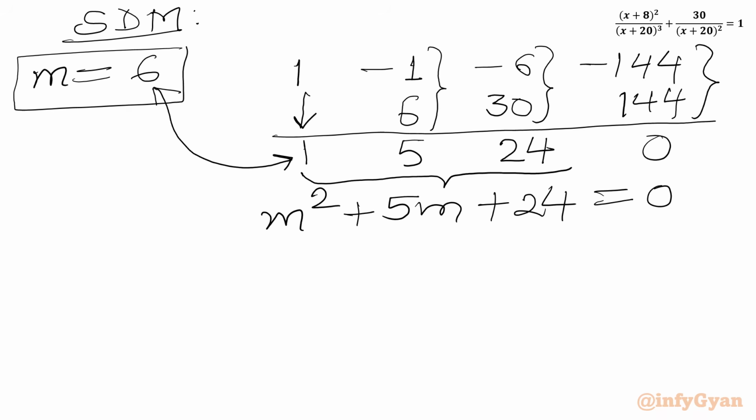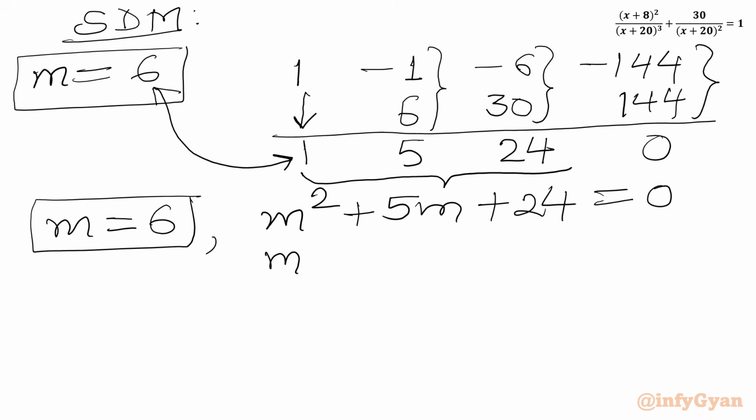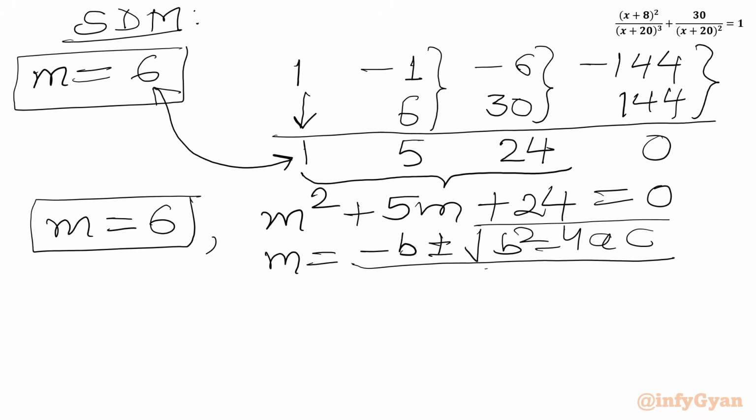So we have one real solution, which is our base solution m equal to 6, and one quadratic equation from where we will get two m values. Let us find out. I will use the quadratic formula: minus b plus minus square root of b square minus 4ac, divided by 2a.